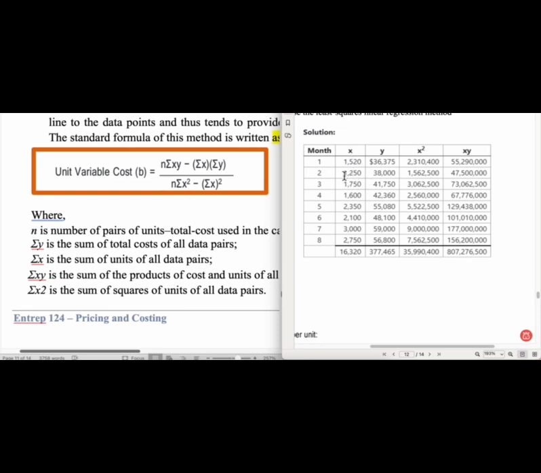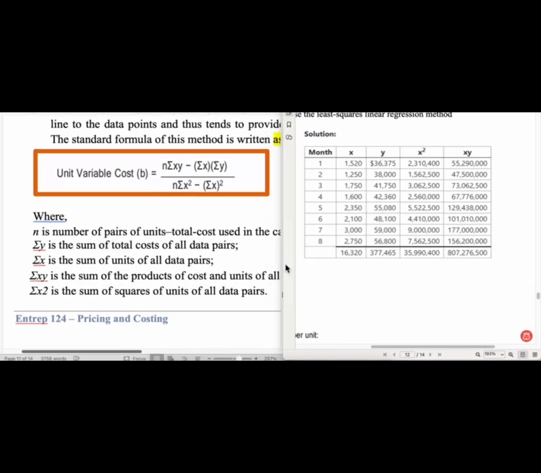Then the same thing: x of 1,250 multiplied by y of 38,000 gives 47,500,000. The same goes for the other numbers. 1,750 multiplied by 41,750 gives 73 million plus. And so on. Then we total them, and we will have 807,276,500.